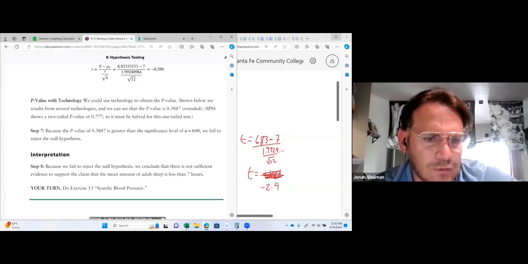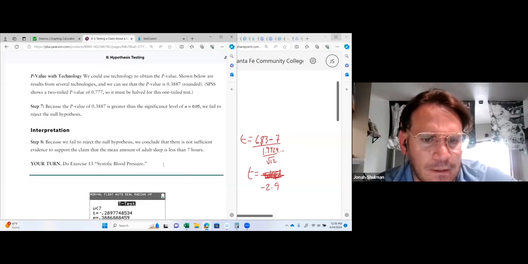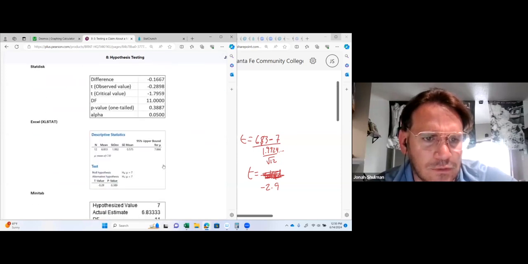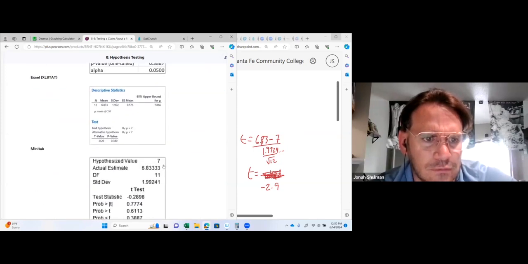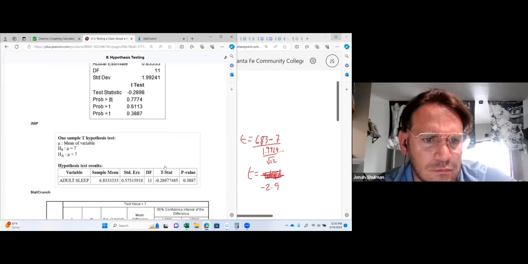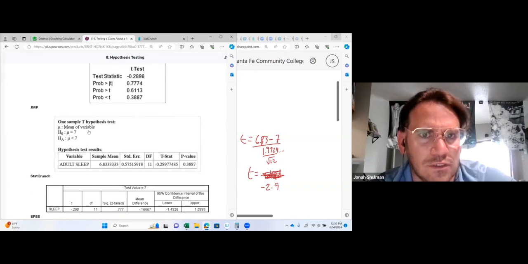Yeah, okay. I'll take it. Maybe there's a different way to do it with the data in there. One sample T hypothesis test. All right. That's our StatCrunch. That's what it should look like.